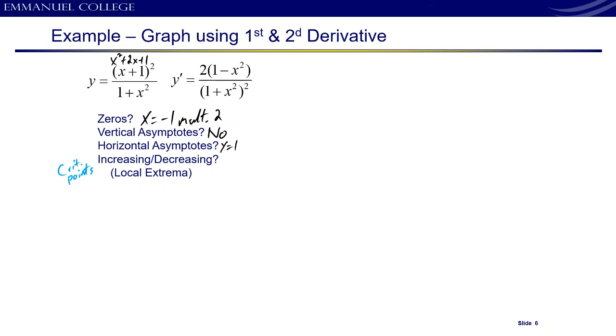Because that's going to tell me a little bit. So again, the denominator is never 0, but in the numerator, 1 minus x squared, so this is 2 times 1 minus x, 1 plus x, just the difference of squares. So I've got something I can go off of.